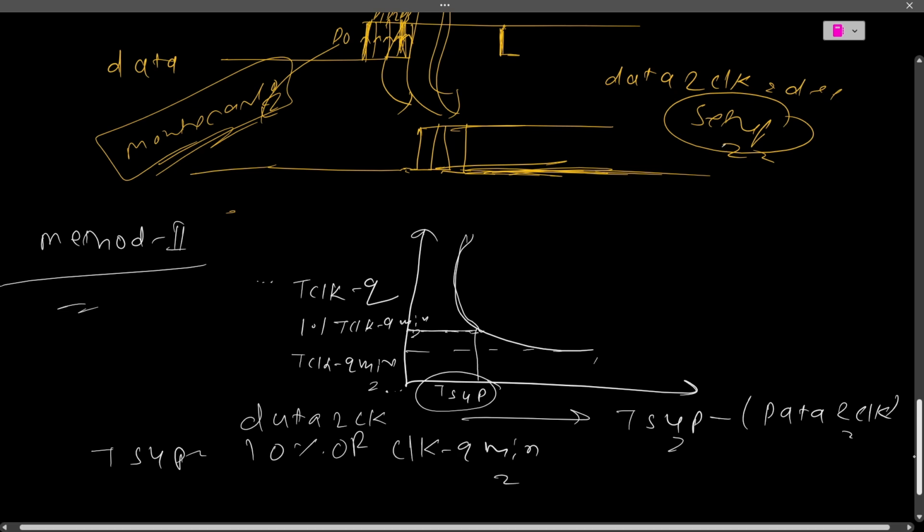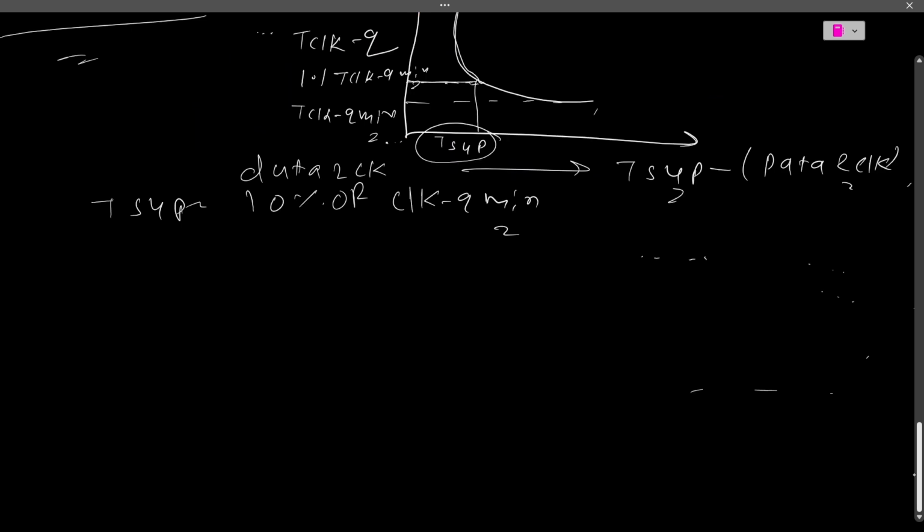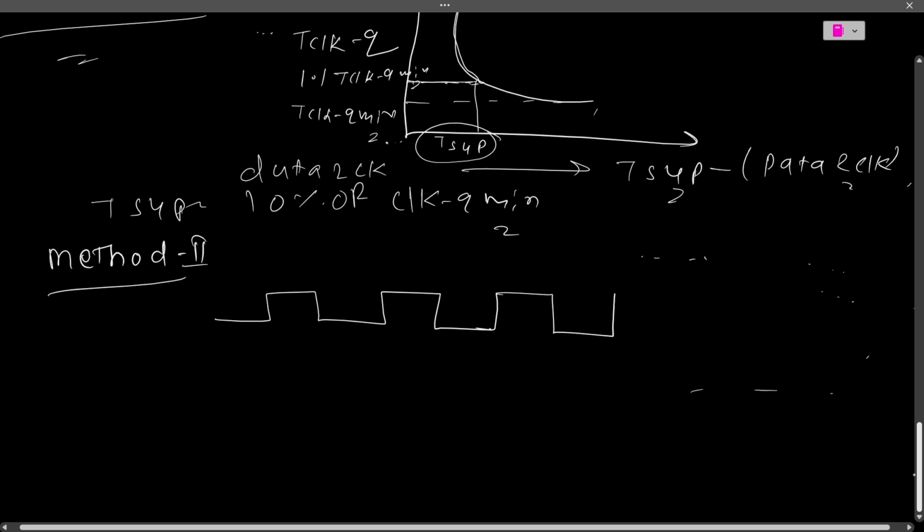So this will be our approach. Now let's understand how this method is very standardized and how good it is to do it for all the flops. First I will try to make you understand how we are approaching this method.